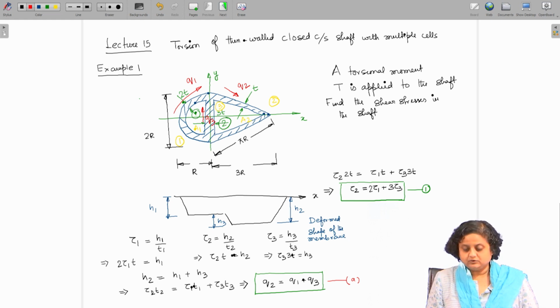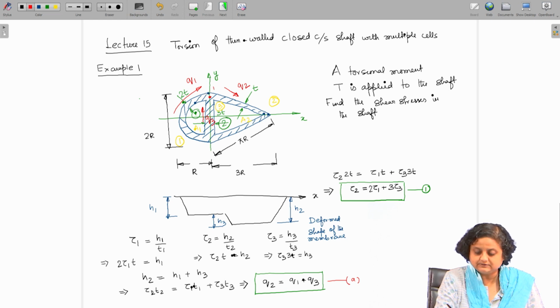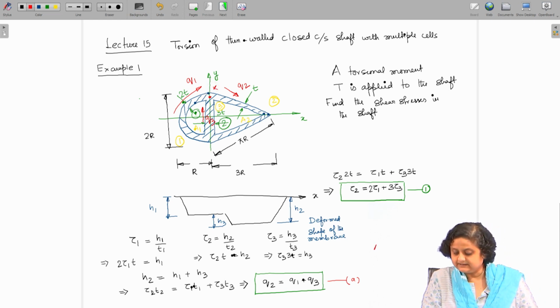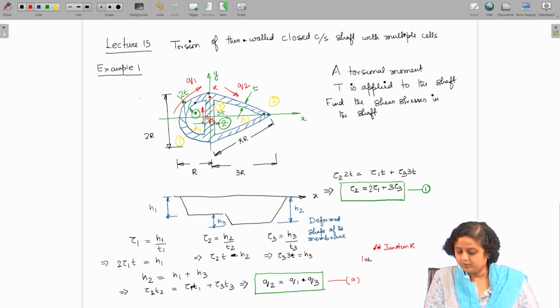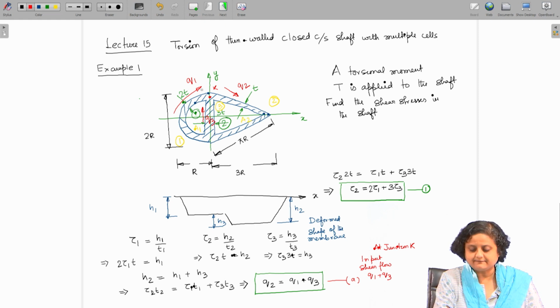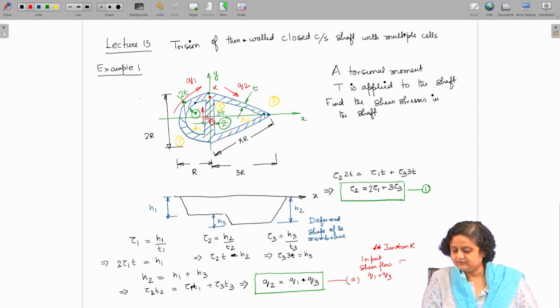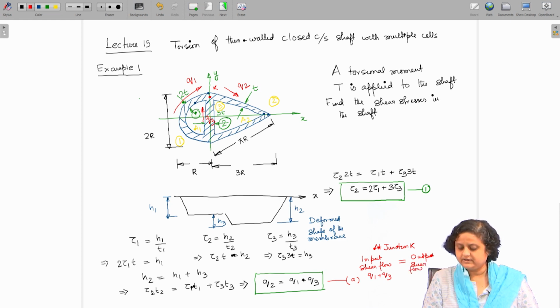Which denotes that at this junction, if I call this junction K, then at junction K, the input shear flow, which is Q1 plus Q3, is going to be the output shear flow, which is Q2.